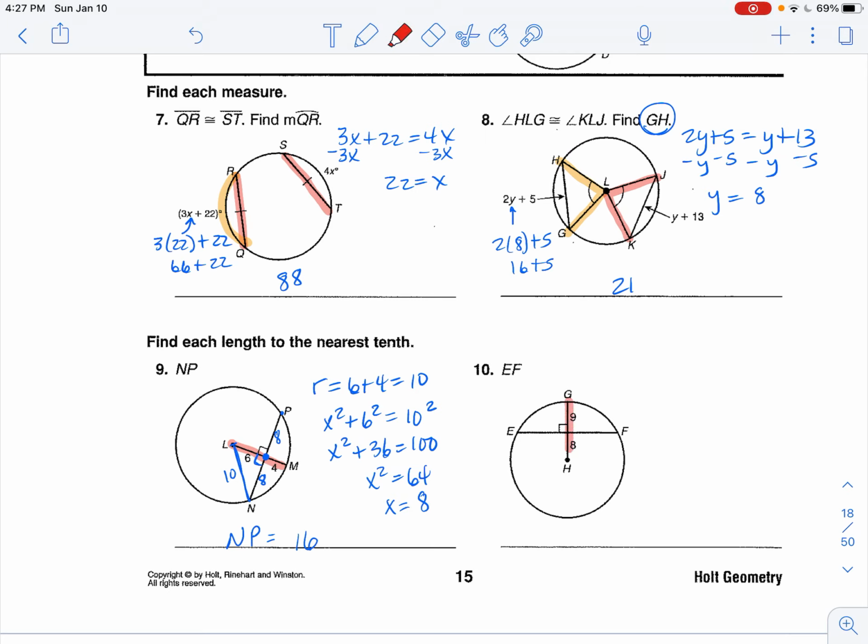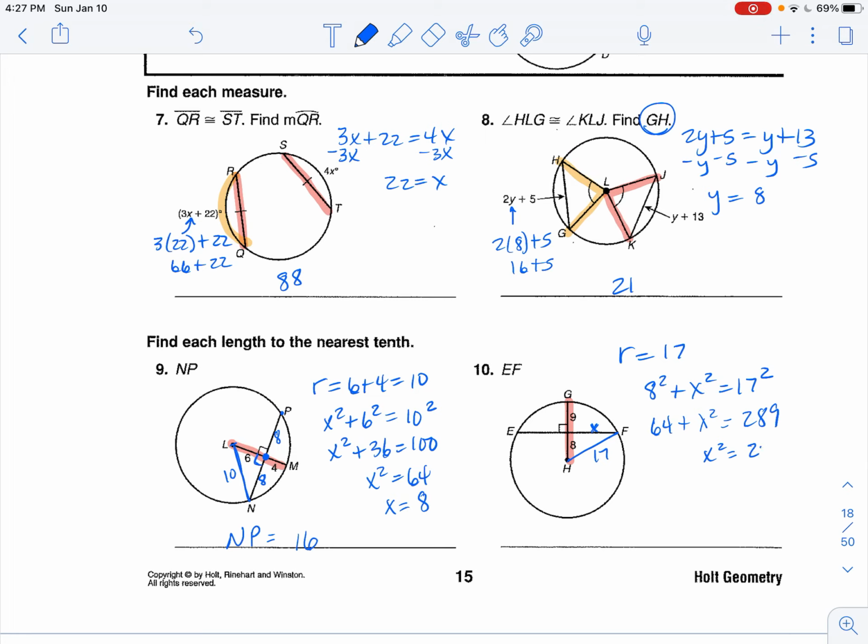Let's work this one similarly. So we know that this segment here is 17. 8 plus 9 is 17. So if I were to draw in a radius that connects the center to F, this is also 17. Let's call this little piece x right here. So Pythagorean theorem, 64 plus x squared is equal to 289.